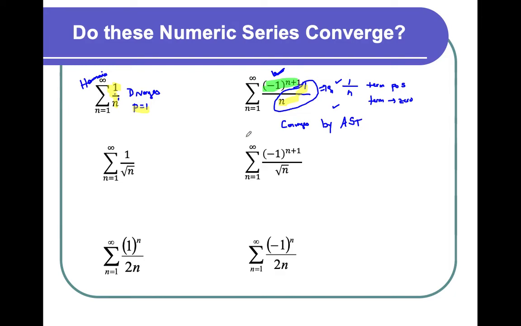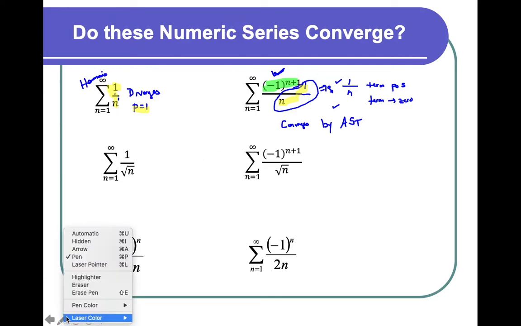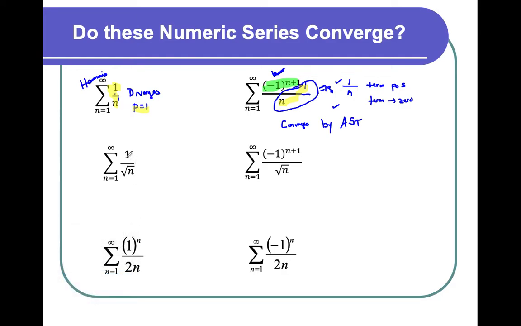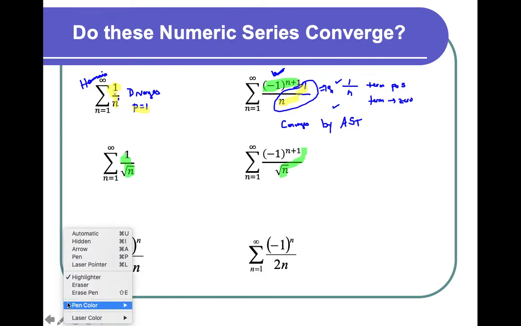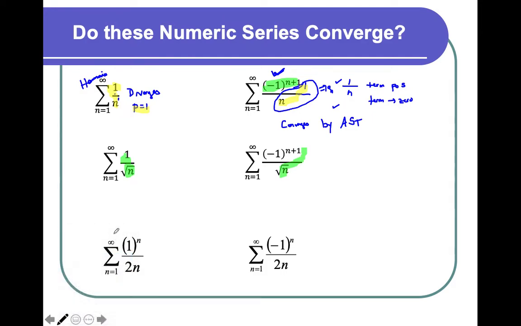So how about this pair? Can you see what's going on here? Can you see that I've got the same kind of thing? This is also a P series, 1 over root n. And can you see that I really have 1 over root n here? This series diverges. Why? P is less than 1, because P is a half.